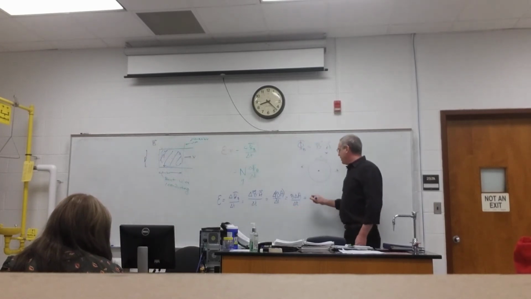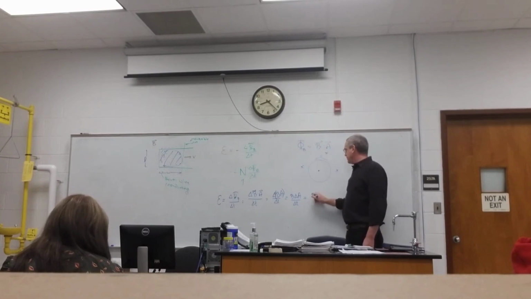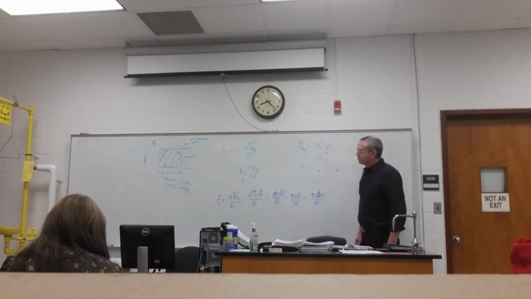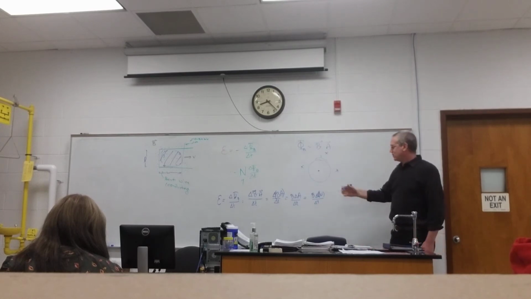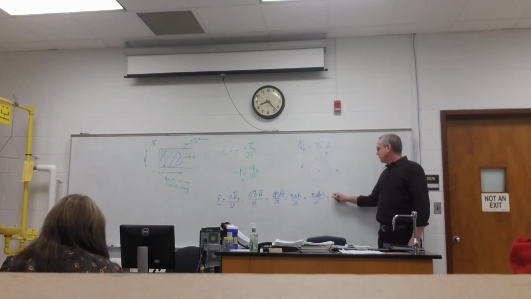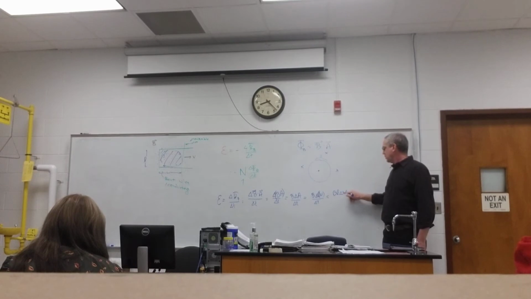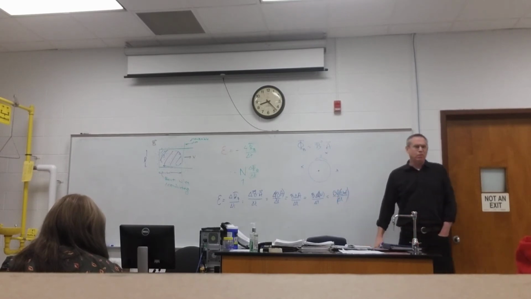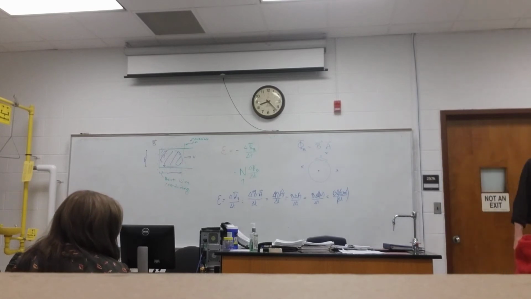All right, so my area is length times width, so I have B times the change in length times width over time. My length is not changing, so it just comes out. So this is BL, change in width, it's supposed to be a W, not an omega, over change in time. And what is the change in the width over time?